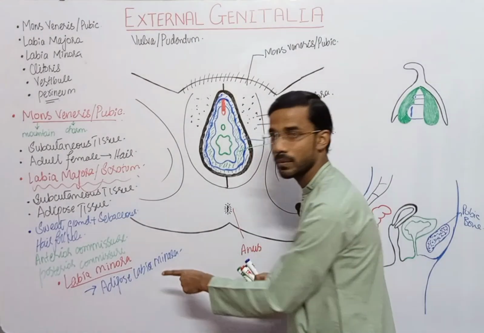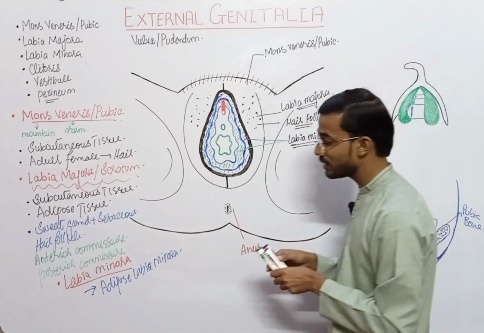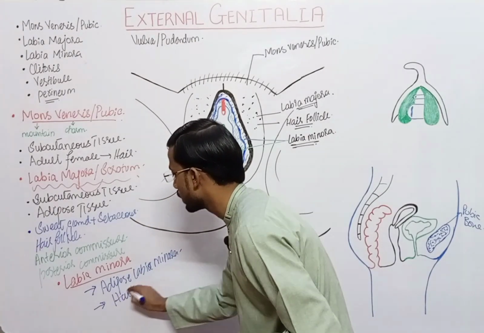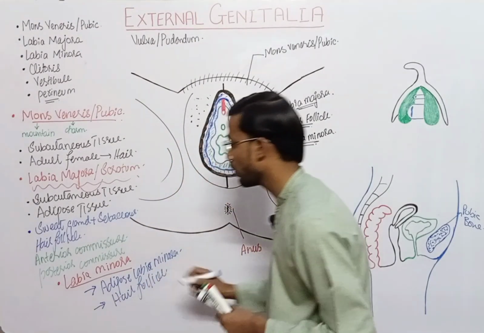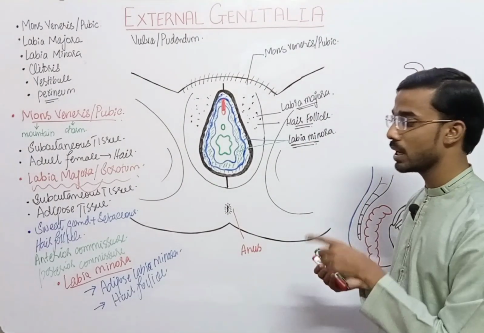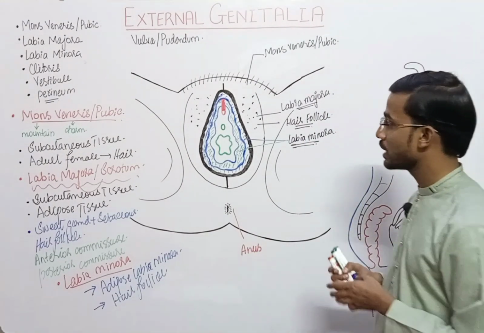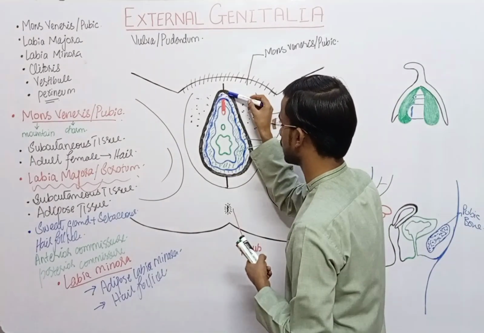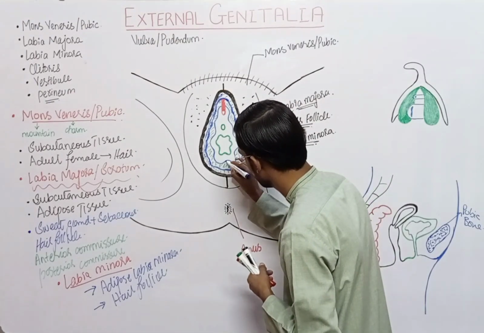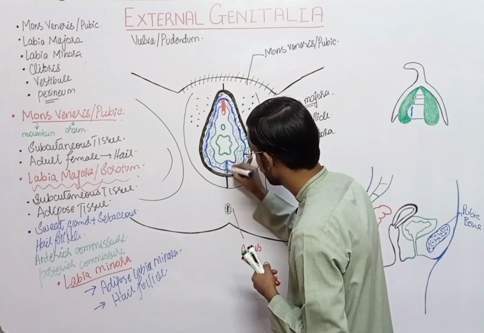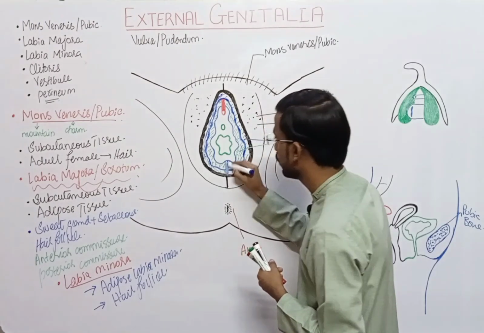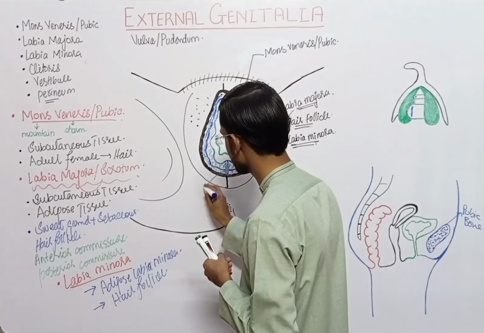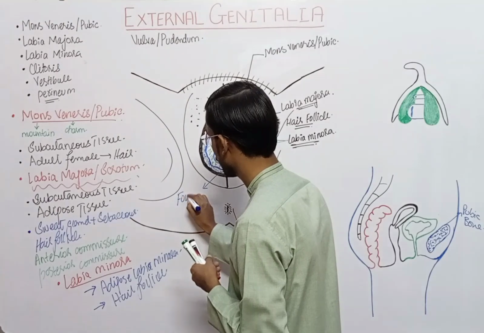Hair follicles are also not present in the labia minora. Here this is the posterior and this is the anterior. At the posterior side of the labia minora you will see a structure which is called the fourchette.